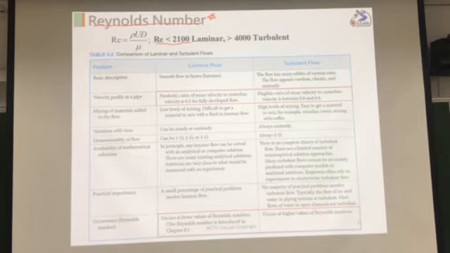If the Reynolds number is less than 2,100, you call that laminar flow. But if the value is higher than 4,000, then you call that turbulent flow.